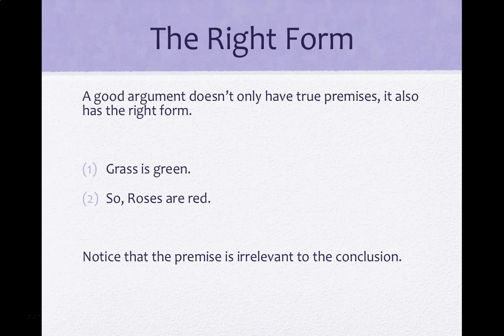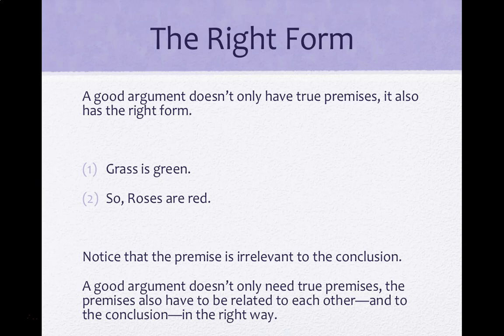Notice that although both premises are true, generally speaking, grass is green, right, and roses are red, however, the premise that grass is green is irrelevant to the conclusion that roses are red. A good argument doesn't only need two true premises, the premises also have to be related to each other and to the conclusion in the right kind of way.